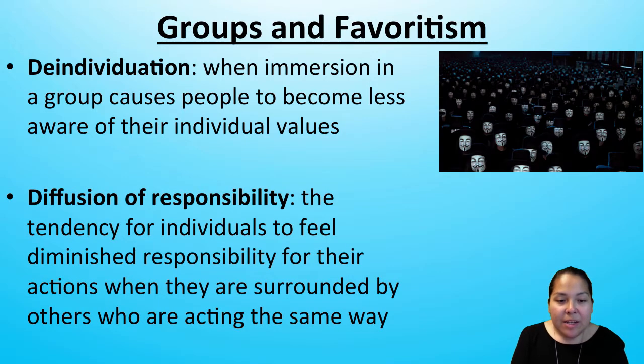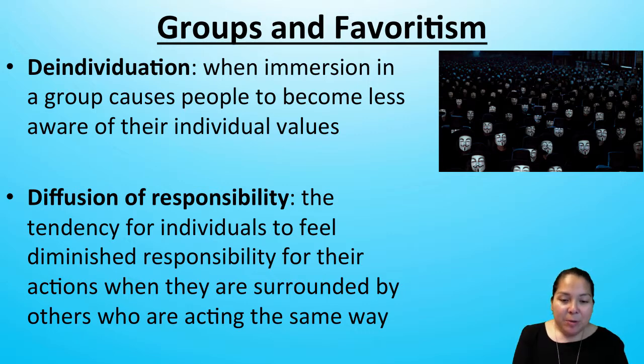Similarly, diffusion of responsibility occurs when you're in a group and do not feel as much responsibility because others can take the responsibility and not you. One example of this is if you were driving down the highway and see a small grass fire along the way.